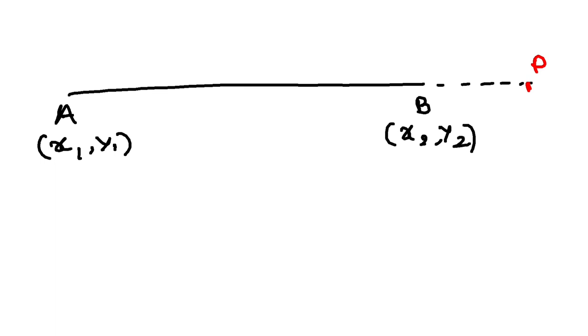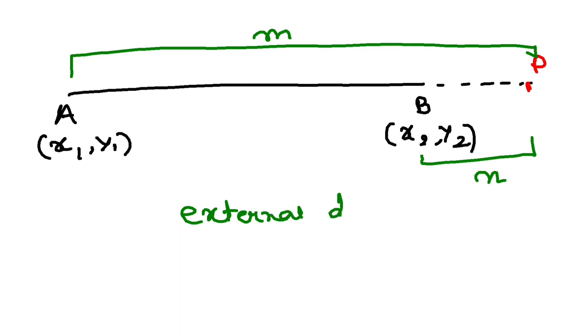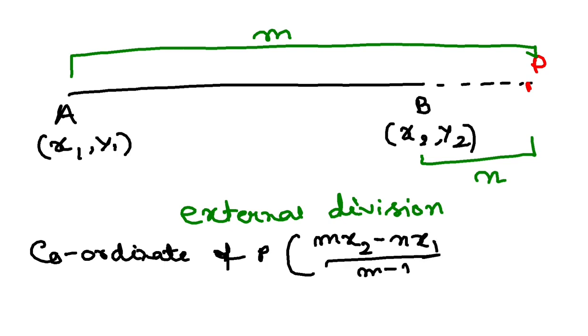Your AP this much is M and your BP, that is this much, is N. So this is a case of external division, because P is outside the line AB. By using section formula, the coordinate of P will be (mx2 - nx1)/(m - n), comma (my2 - ny1)/(m - n).